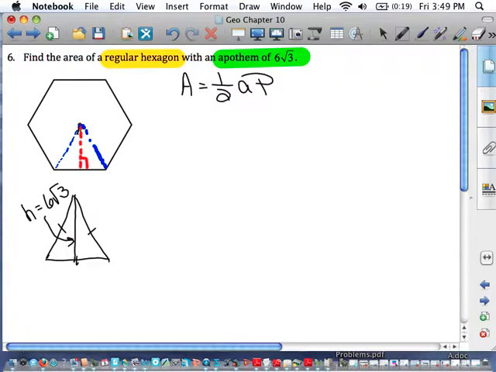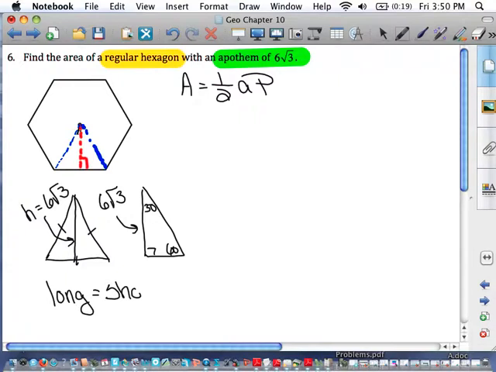So now, remember, the apothem divides that into two 30, 60, 90 right triangles. If this height is 6 square root of 3, the relationship between the short leg and the long leg in a 30, 60, 90 right triangle is the long leg is equal to the short leg times the square root of 3.